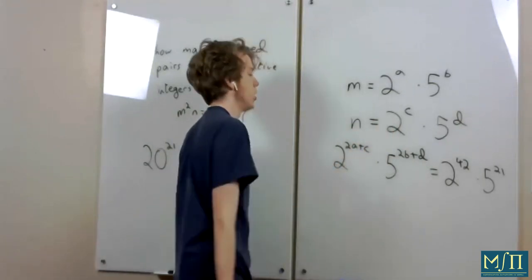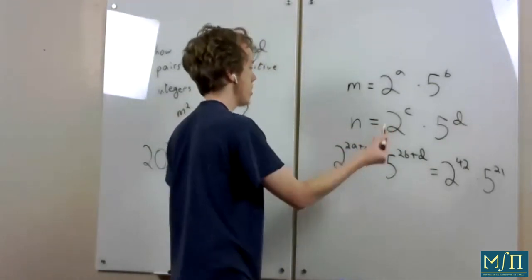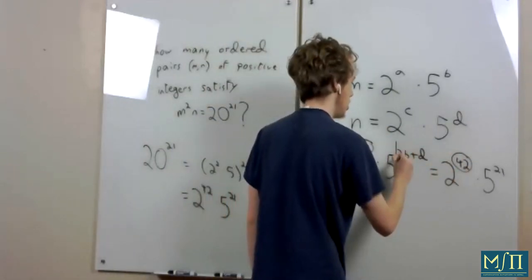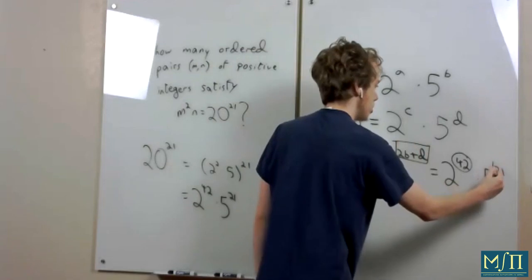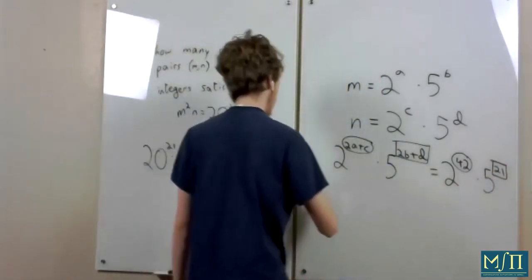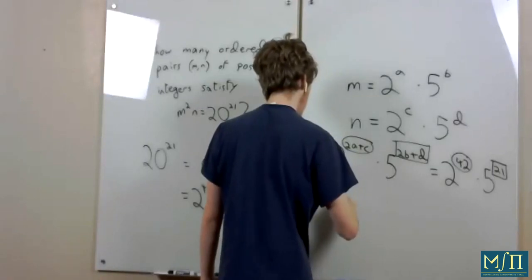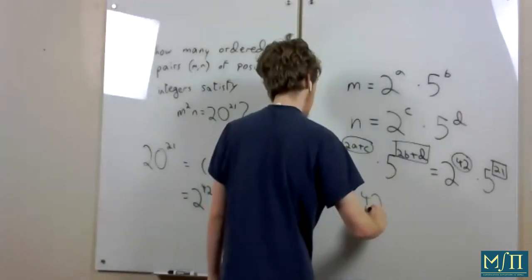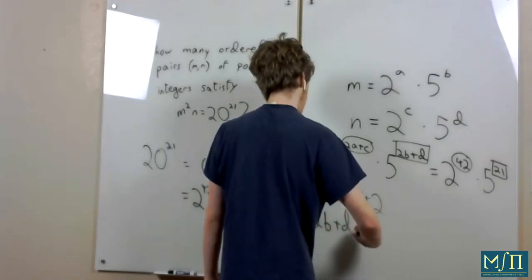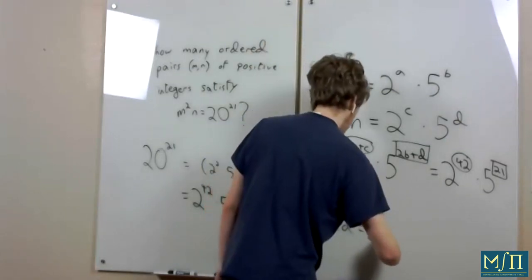So these have to match up, and these have to match up. So we have 2a plus c is 42, and 2b plus d is 21.